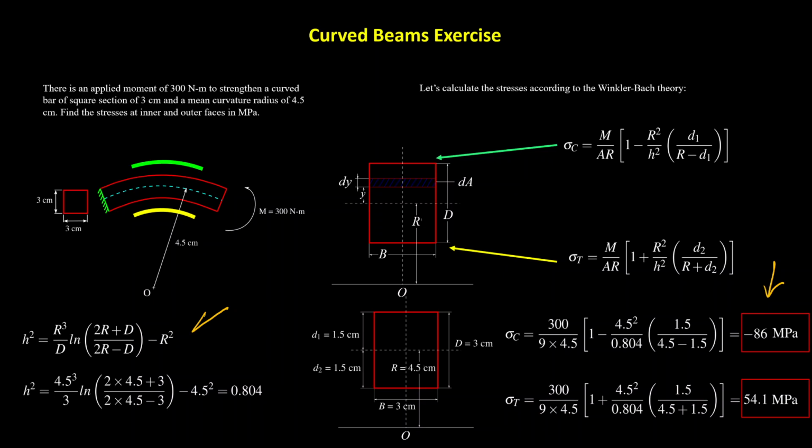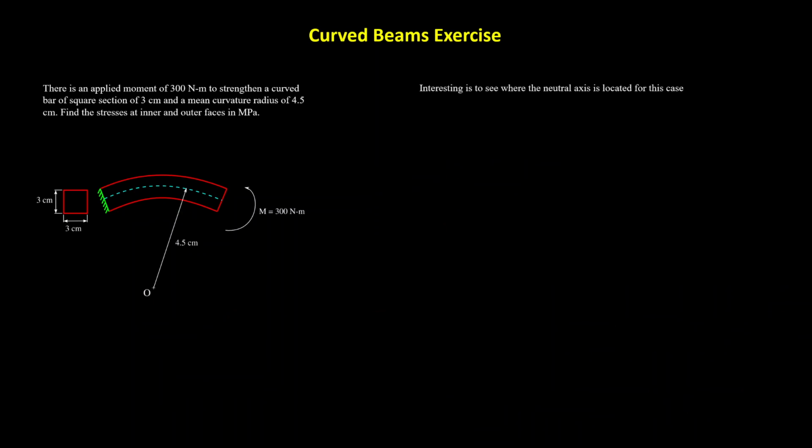However, there is an extra step that I wanted to show you that is not requested by the problem, but it's something to prove what was said or written in the lecture notes. And this has to do with the position or the location of the neutral axis.